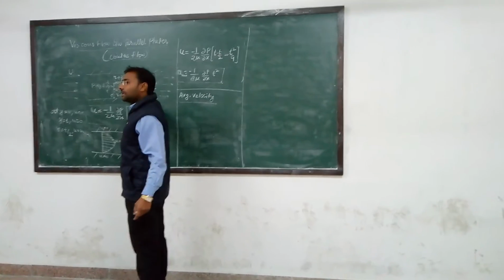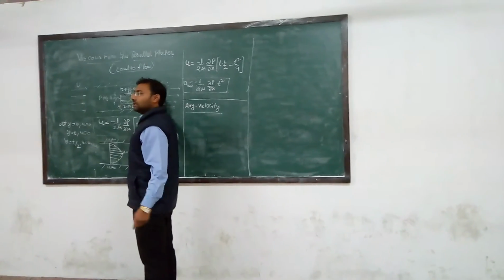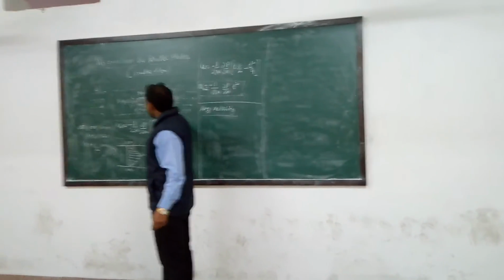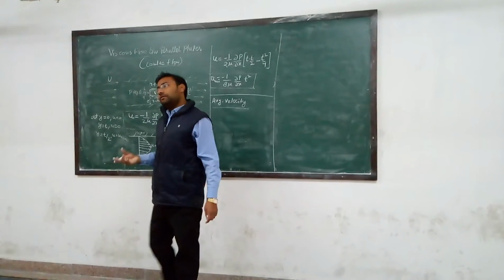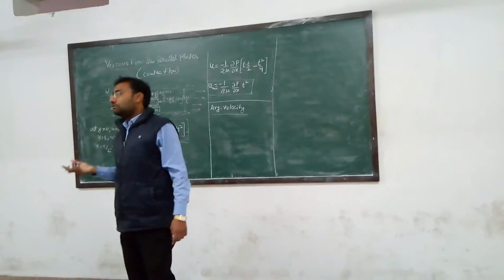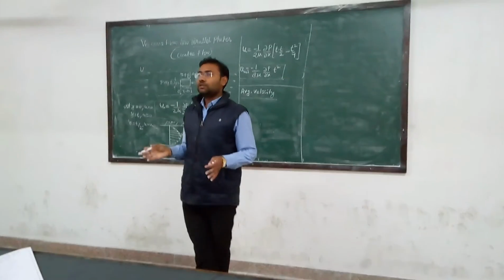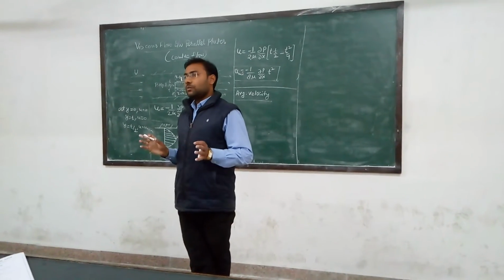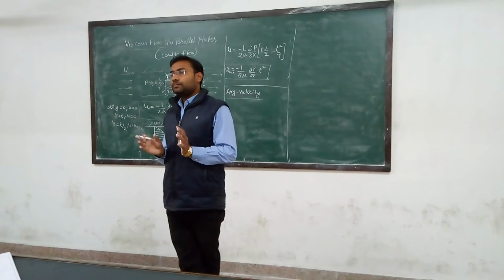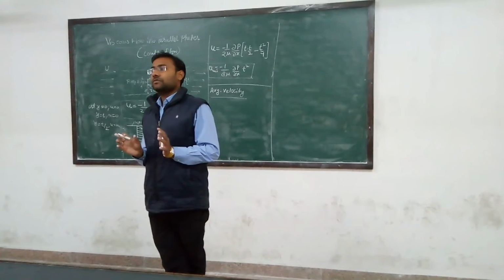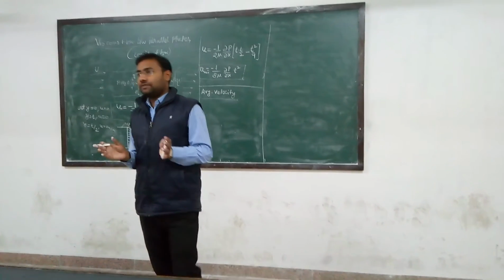Discharge through this area, dy into 1. I am considering the discharge from this small area, then integrating to calculate the complete discharge. This must be equal to the total discharge, meaning the area into the average velocity.